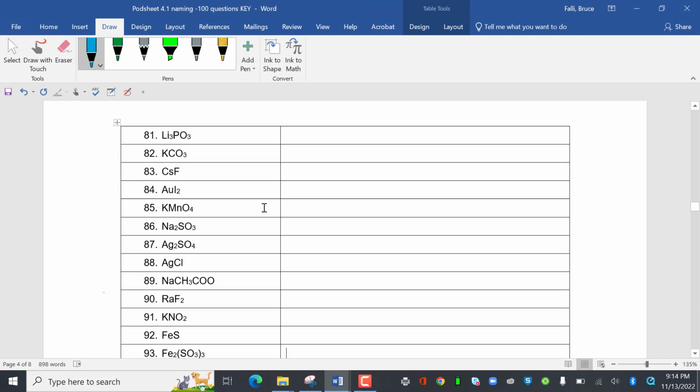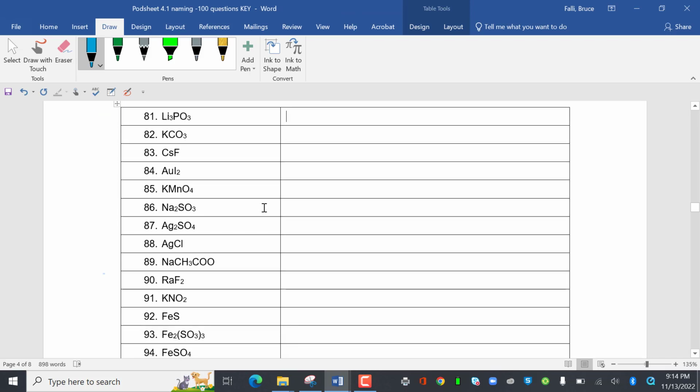Move this down a bit. Lithium phosphite, because it's PO3, phosphite, potassium carbonate. I uh-oh'd that one because this is supposed to be K2CO3.